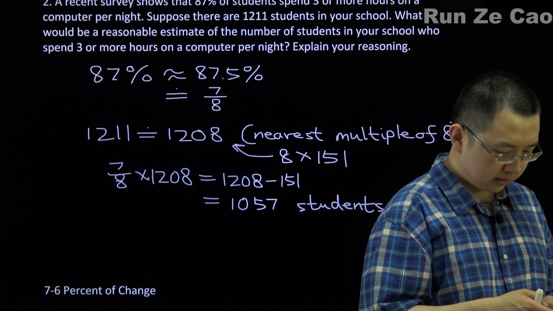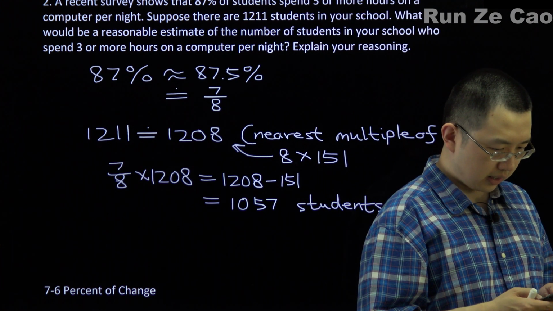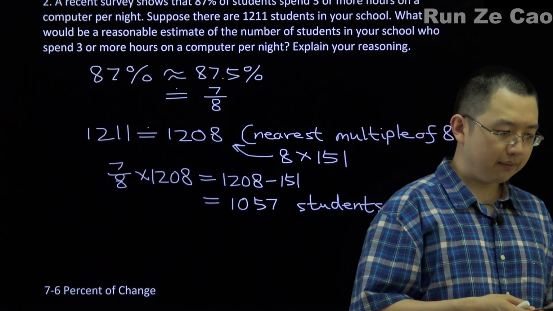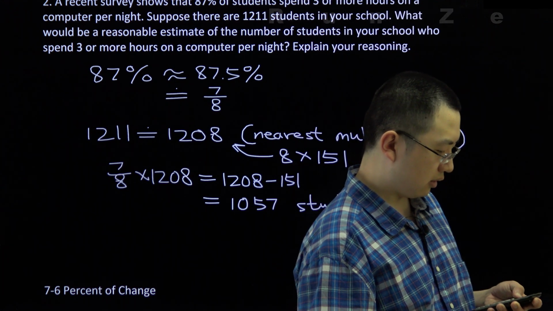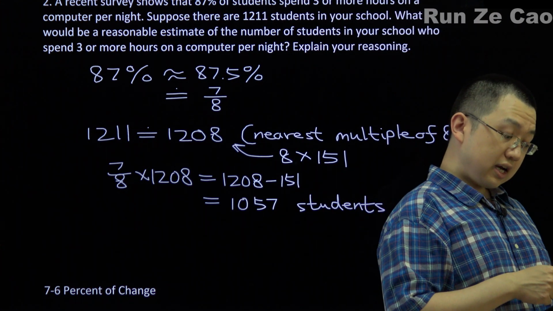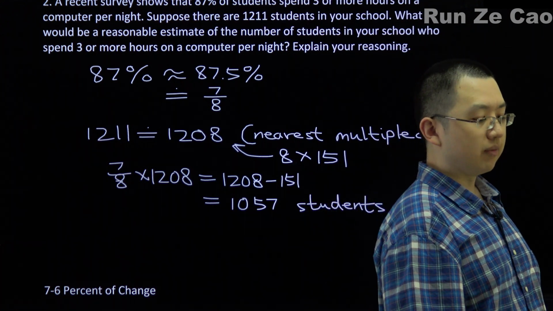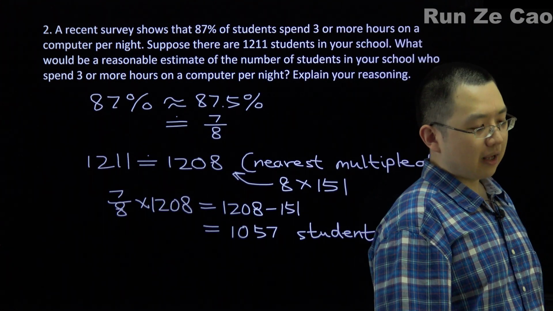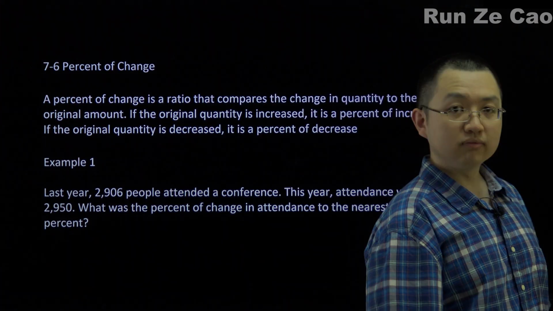Now, if we actually calculated this, 1,211 times 0.87, we'd get 1,053.57, which means that most likely the actual survey says 1,054, or it could be that they only surveyed 100 students, and 87 of them spent 3 or more hours on a computer per night, and they extrapolate this to the rest of the students in the school, assuming that their sample is representative.